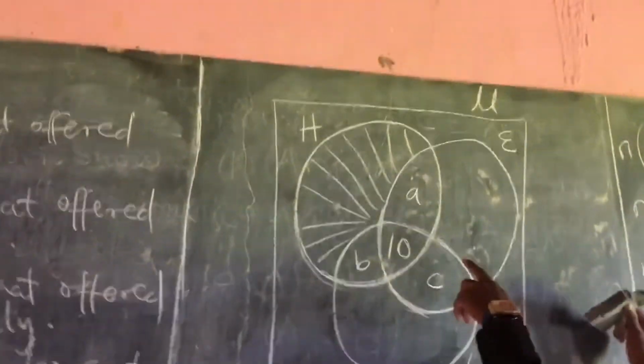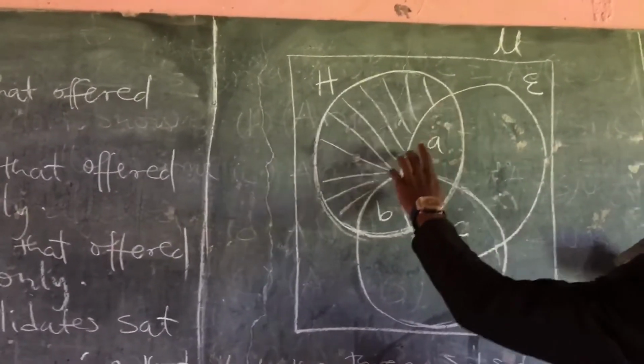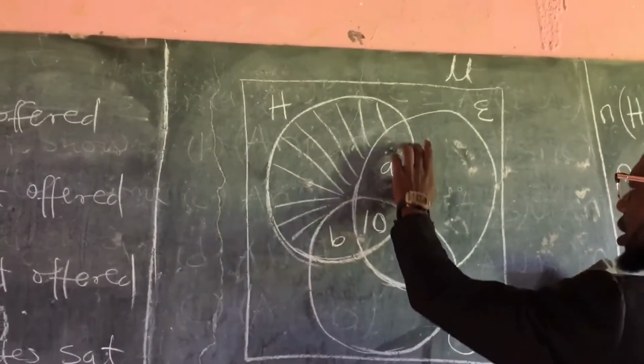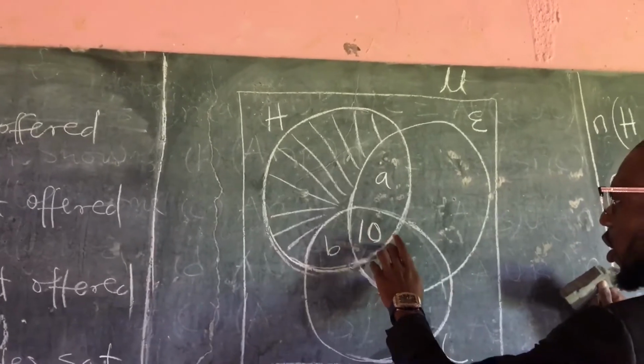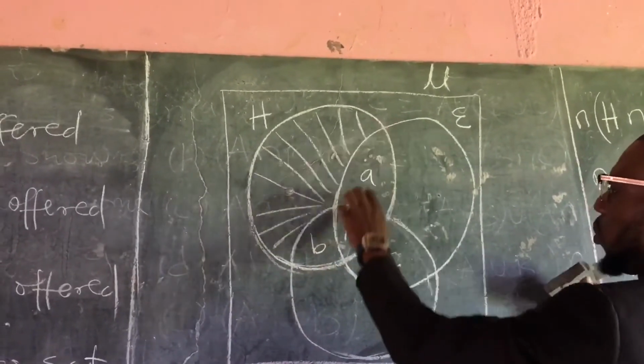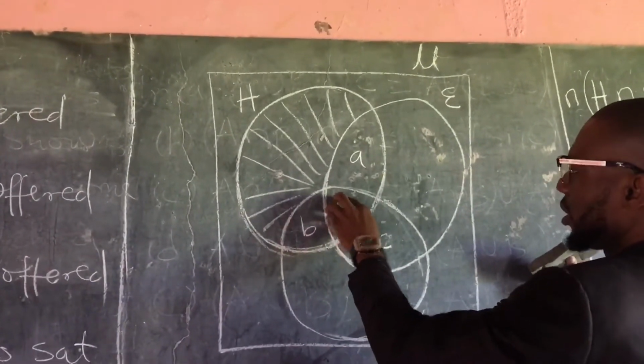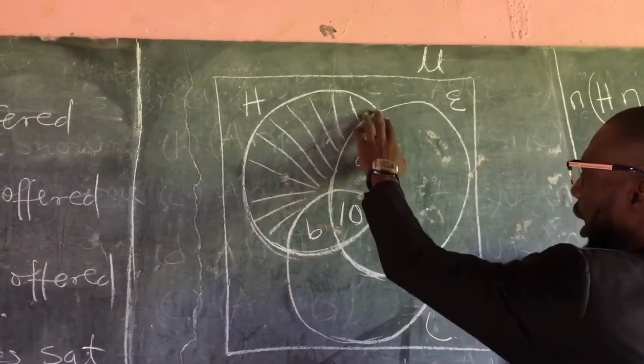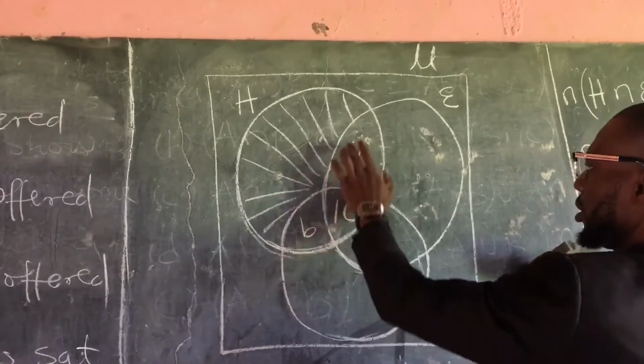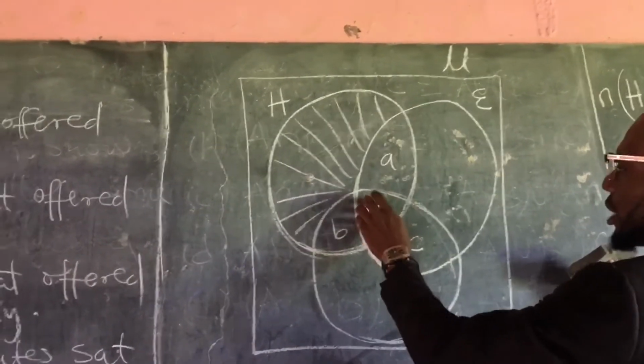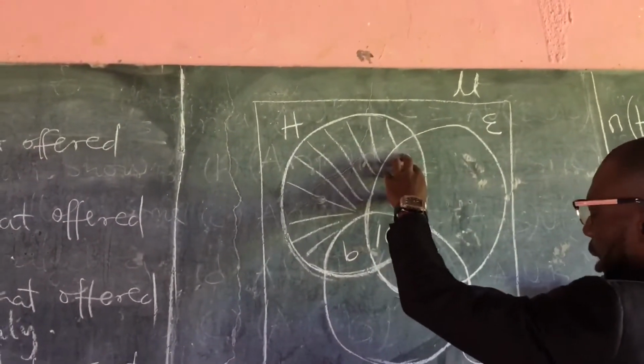To find A, we collect everything that is here like this, then we subtract this one, then we get A. If you carry this whole pie and remove 10, you get what remains.